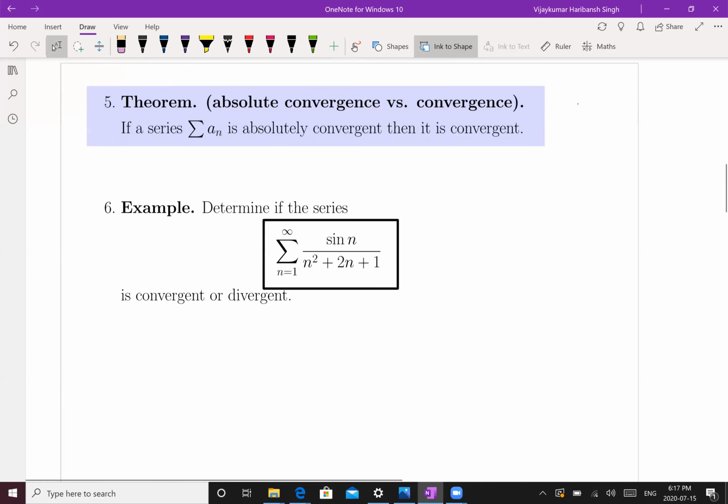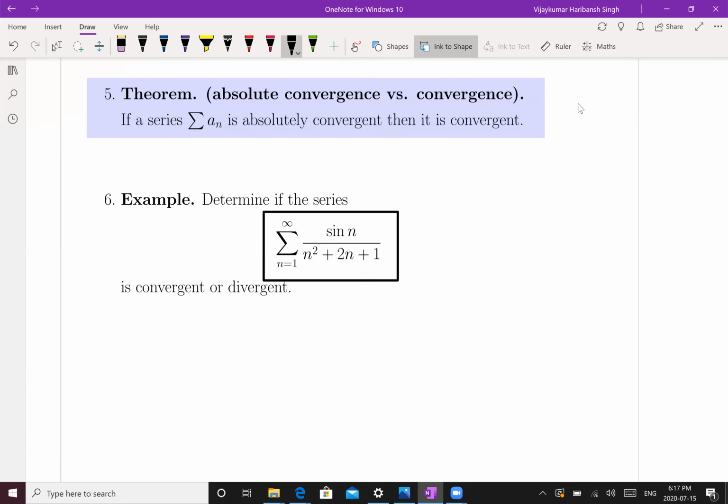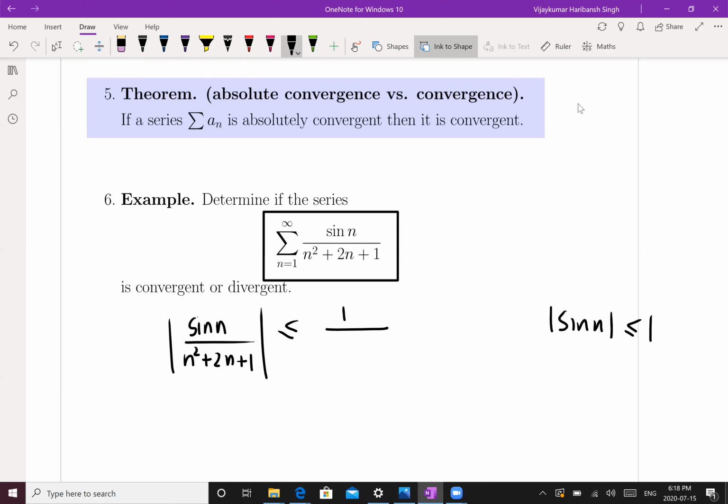If you look at this series, let's try to see the absolute value of the terms. So sine n upon n square plus 2n plus 1. The absolute value of this is going to be less than or equal to 1 upon n square plus 2n plus 1, because the absolute value of sine n is less than or equal to 1, since the maximum value sine can have is 1.